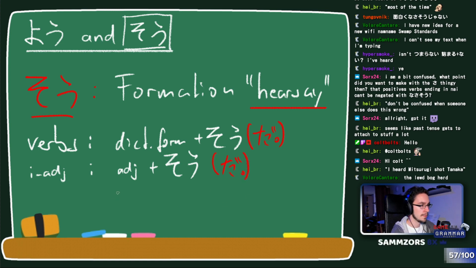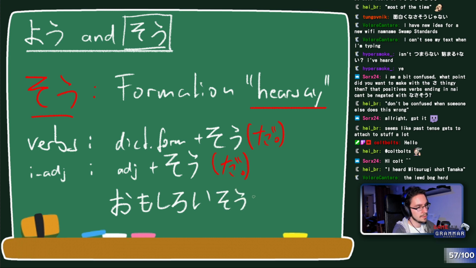So from earlier we had 面白そう. Now, we just use 面白いそうだ. That would be the formation. 面白いそうだ. This can sound a bit weird, but it is actually correct.